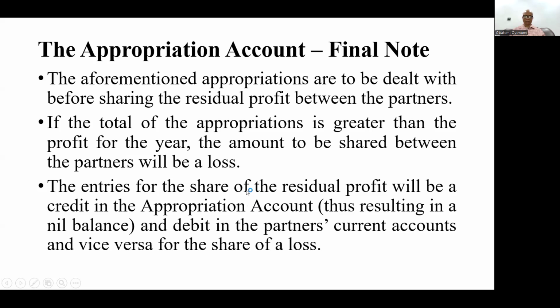Okay, let's go to the next slide, which is almost like bringing the whole thing to an end right now. So I said the entries for the share of residual profit will be a credit in the appropriation account, thus resulting in the nil balance, and then debit the partner's current account, and vice versa for the share of loss.